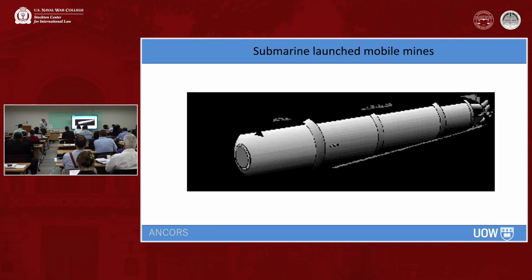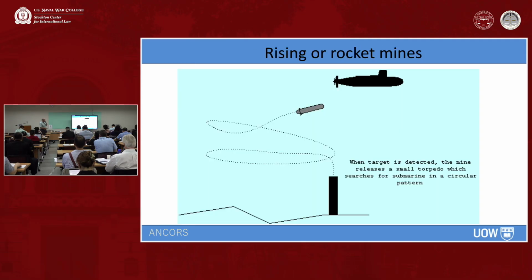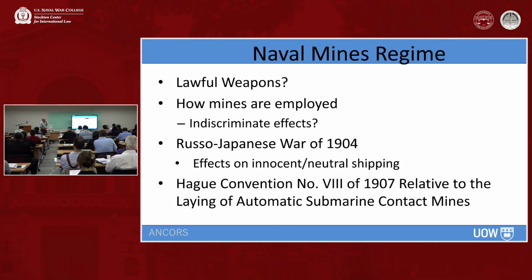Similarly with mines launched from submarines, and these ones that can rise up based on a submarine passing in the near vicinity of the mine as well. It releases its warhead and goes off looking for the target.